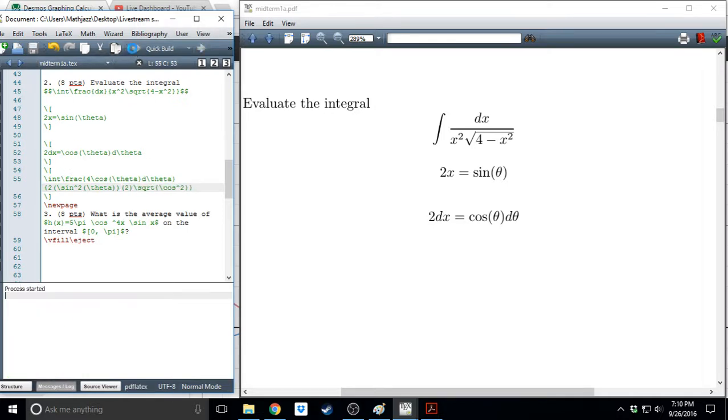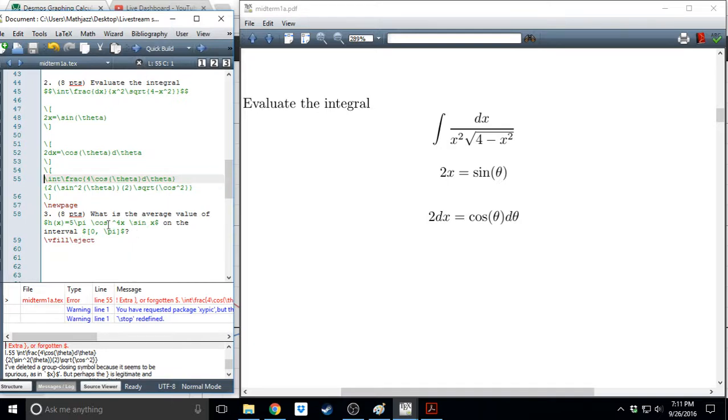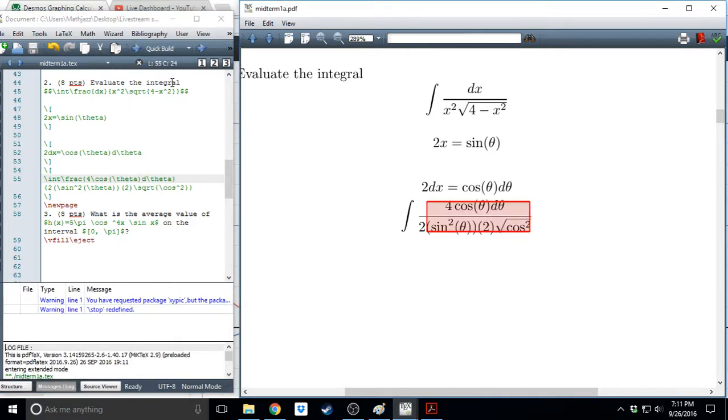And let's check to see if I did that right. Parentheses are important. Let's see, so did we substitute that correctly? We have x squared is going to be sine squared theta over 4. Here's the 4, here's the sine squared theta.